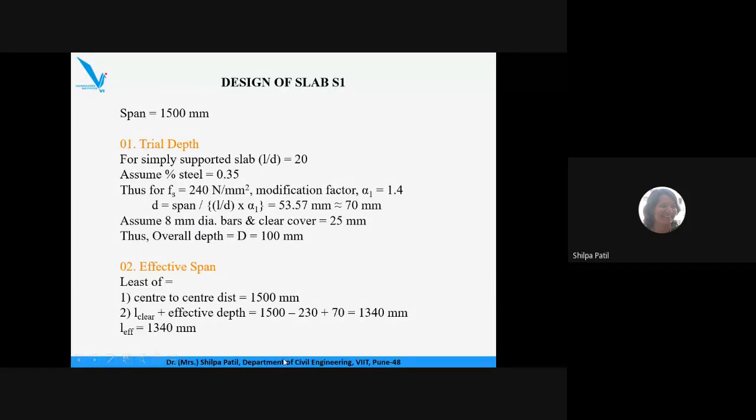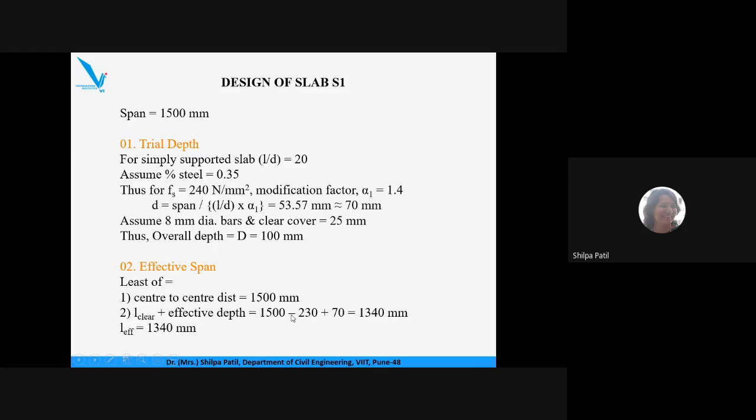Effective span, the least of center to center distance, that is 1500 mm, because the diagram given is a center line diagram. For the clear length, 1500 minus 230 is the clear span.